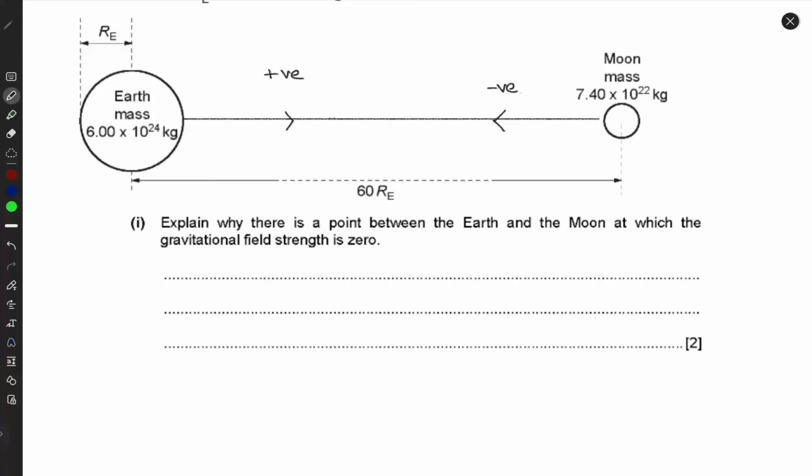Now these would have their own values, but at one particular point, these two values might be equal, and when they are equal, adding positive and negative would vanish. So that's the reason that there can exist a point in between these two objects where the gravitational field strength would be 0.